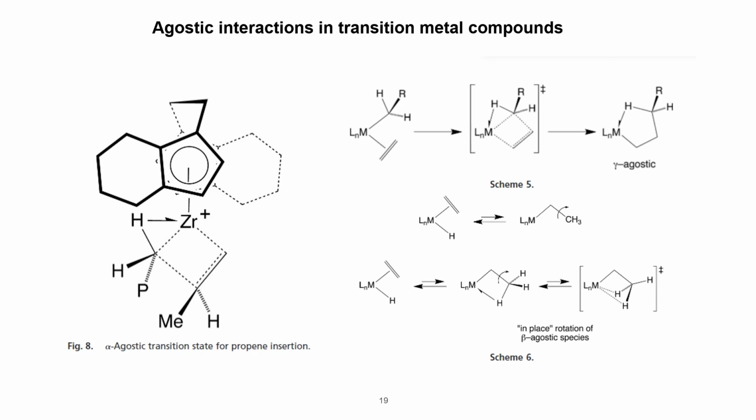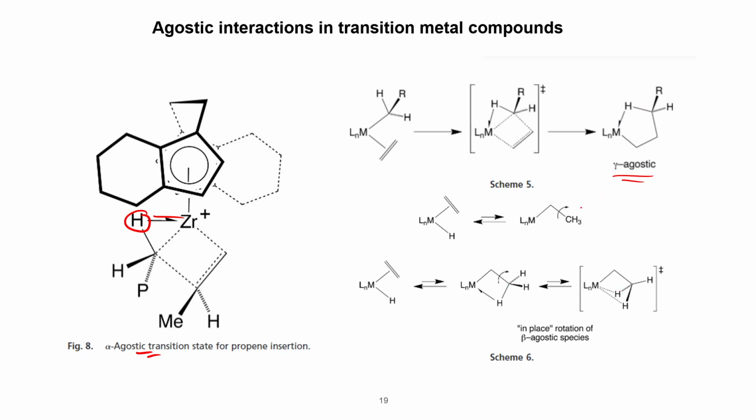This is again one of the examples of a zirconium salt having an agostic effect. It is an alpha agostic transition state for olefin insertion, and gamma agostic also can be seen in some cases like this. A five-member transition state type is written like this, and that will be gamma agostic.